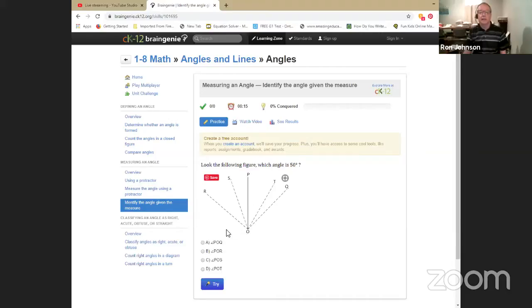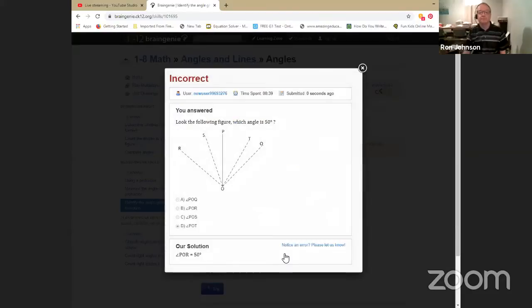Well, we know a 90-degree angle, if it's cut in half, is 45. So you can go from that and try to decide if it is angle POQ, POR, POS, POT. So that's what you would do. So if you think it is POT, for example, you would put in POT and then try. If I answered that incorrectly, it will show you their solution.